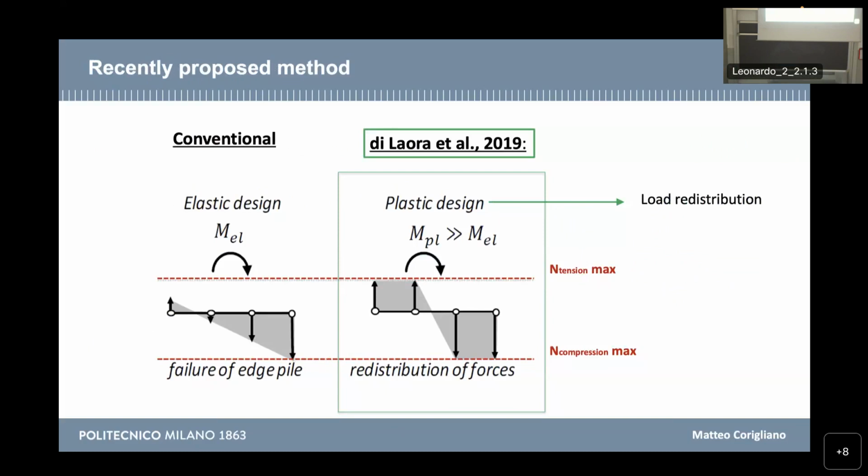So we want to have an elastic distribution, as in the conventional approach. But we have a redistribution of forces so that all the piles can reach geotechnical failure. But the assumption that the raft is disregarded and the hinges between raft and piles are present remains.